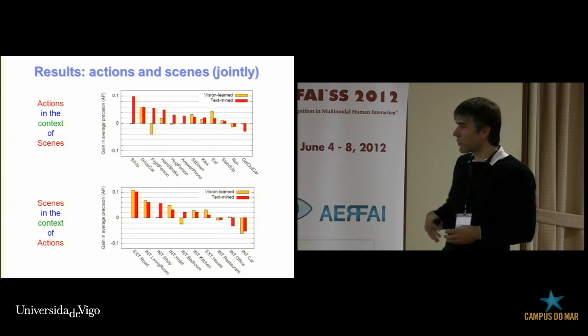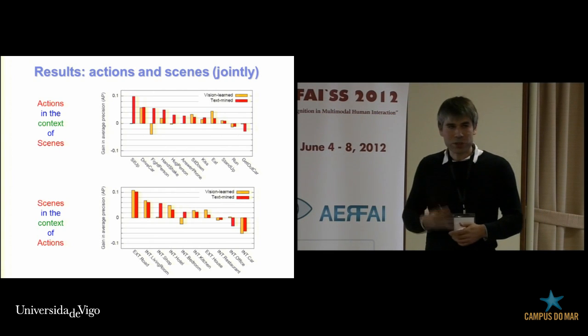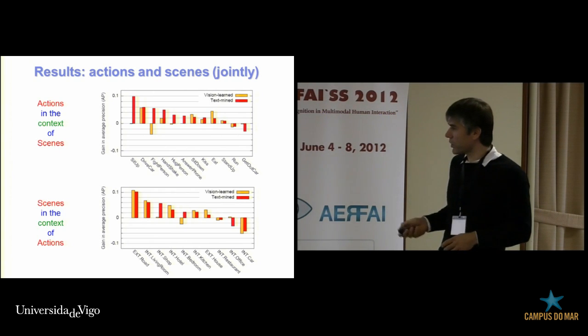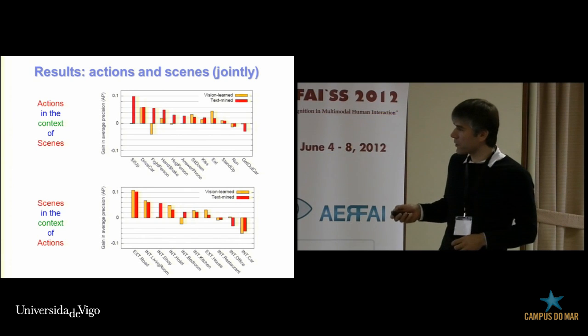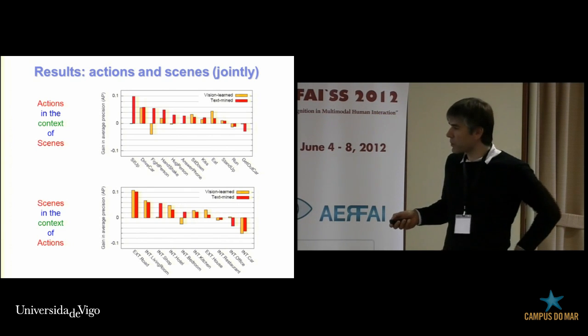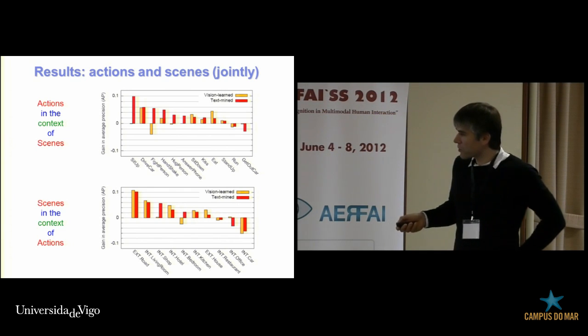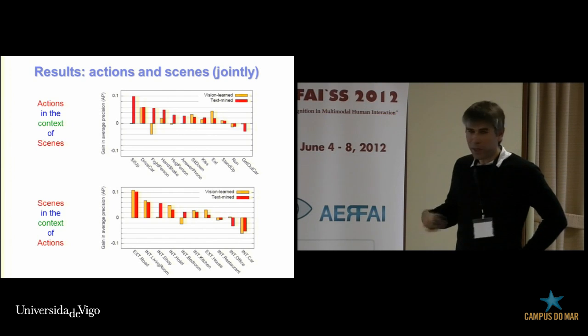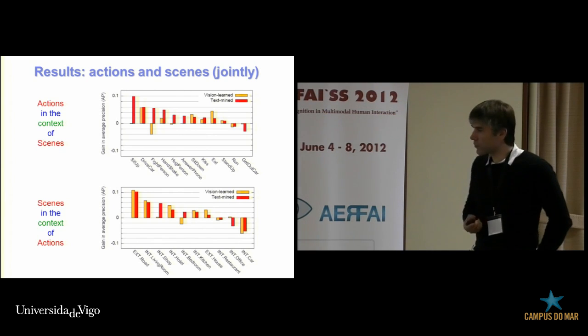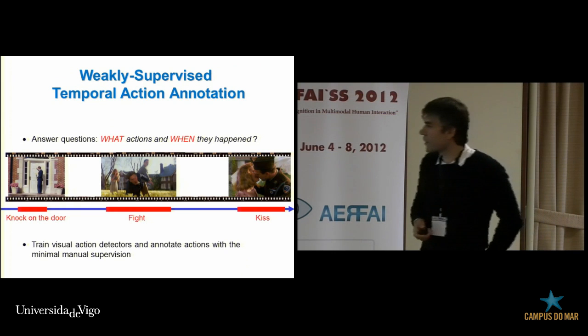What is interesting is that we can convert the problem and also try to improve scene classification by action recognition. The improvements are very similar. We get at most 10% for some scene categories, like road and living room, for example, by action classification.